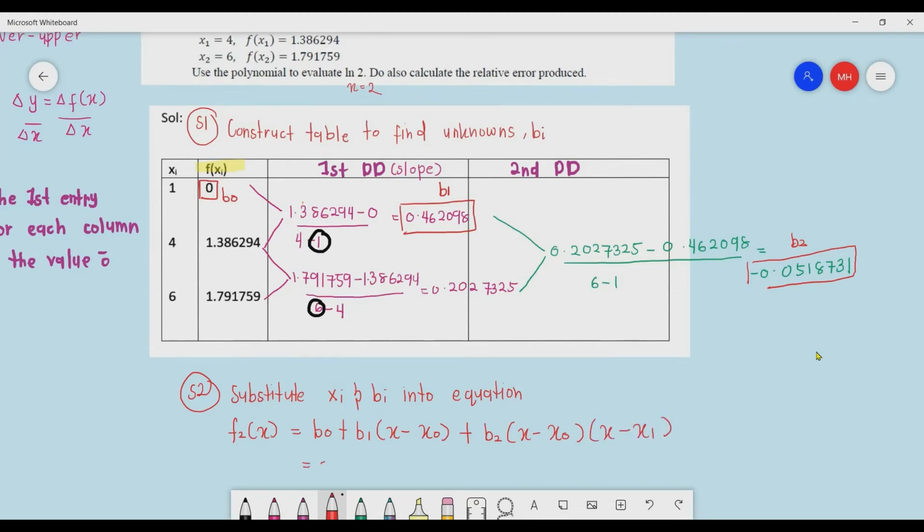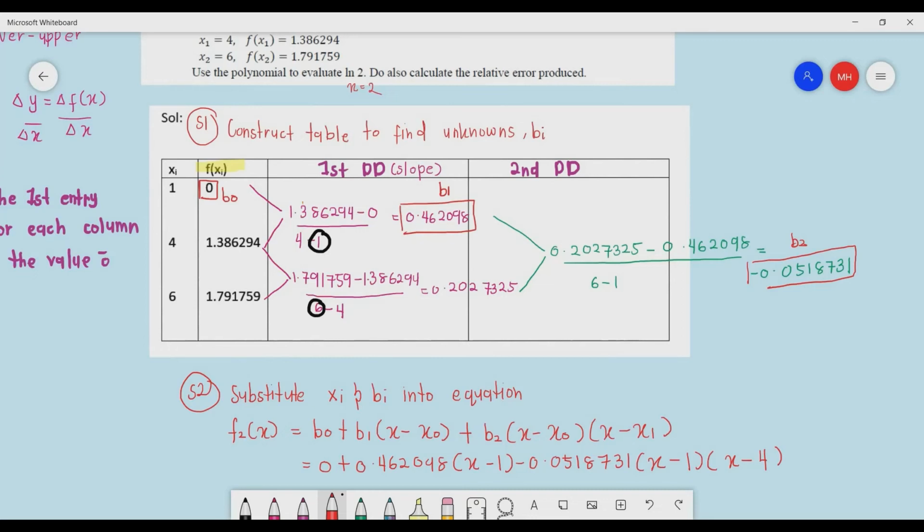So we have b0 here 0, plus b1, which is 0.462098, multiply x minus x0, which is 1 here, plus b2, which is negative 0.0518731, x minus 1, multiply x minus x1, which is 4.